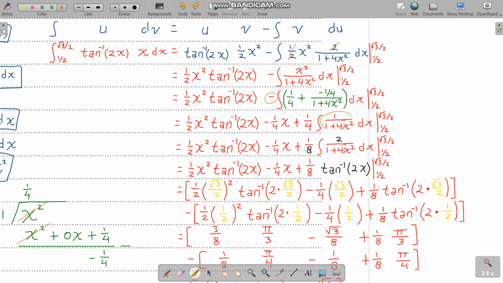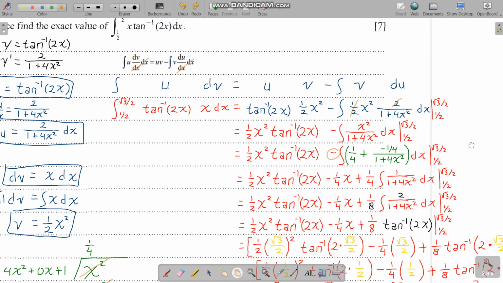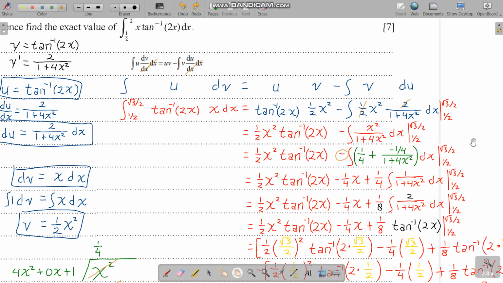Now for the integral of this, we use the previous answer again. If the derivative of inverse tangent 2x is 2 over 1 plus 4x squared, of course the integral of 2 over 1 plus 4x squared is inverse tangent 2x.